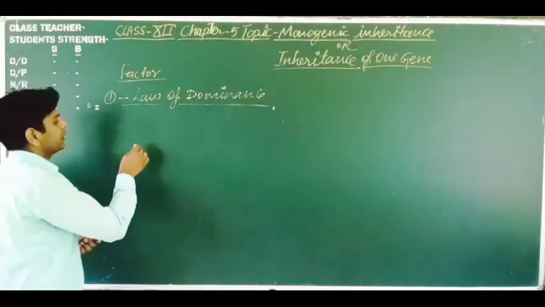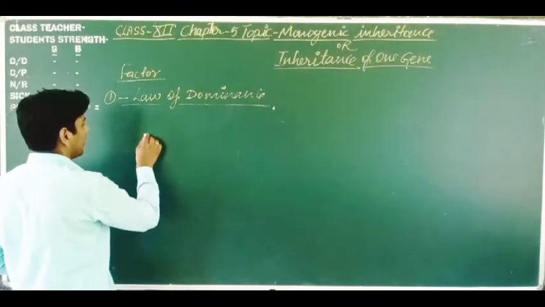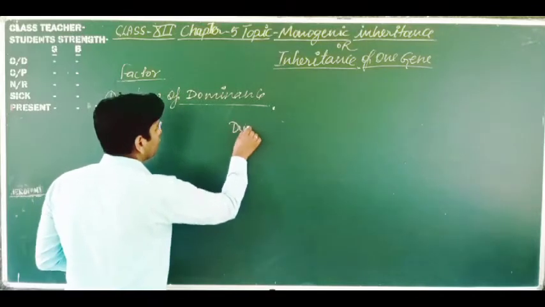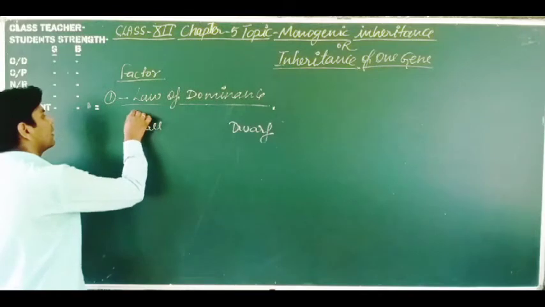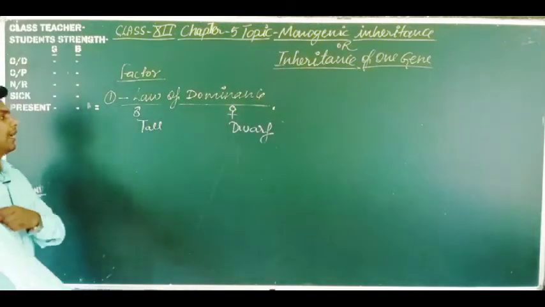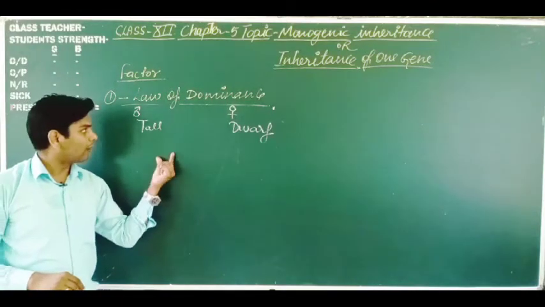So here, dear students, Mendel took two pea plants. One is tall and the second is a dwarf pea plant. He selected the tall pea plant as the male plant and the dwarf pea plant as the female plant. Tall and dwarf are contrasting traits of one character.